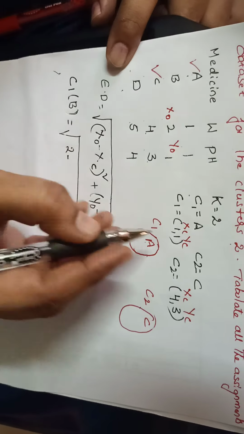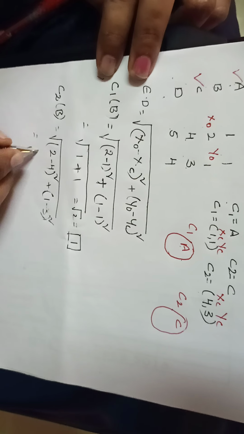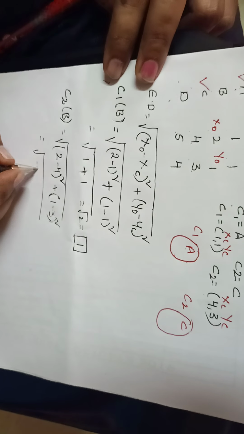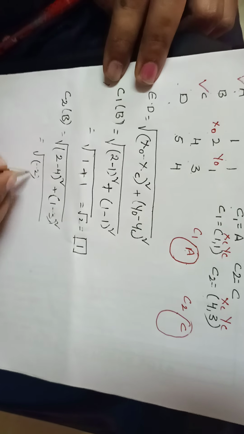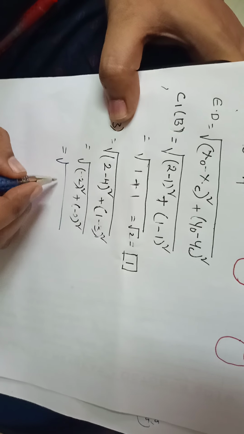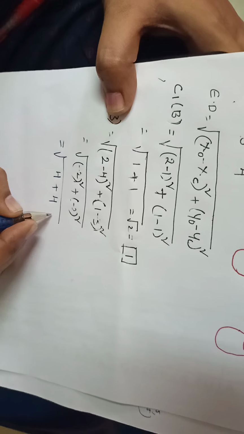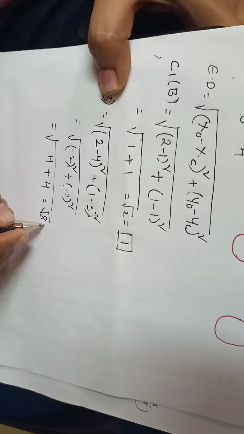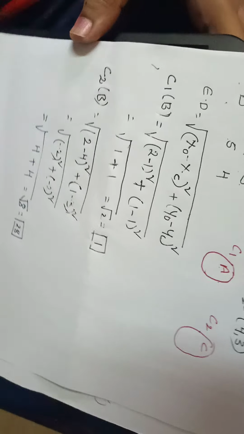The observed value is 2 minus the centroid value 4, so (2 minus 4) whole squared, plus 1 minus the y centroid value 3, so (1 minus 3) whole squared. That is minus 2 whole squared plus minus 2 whole squared, which is 4 plus 4. The root of 8 is 2.8, right? 2.8.